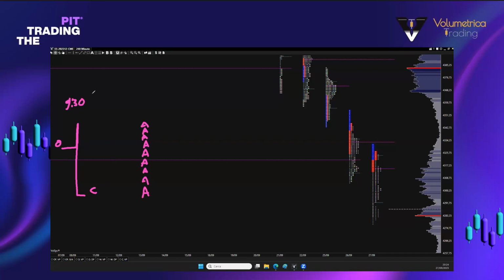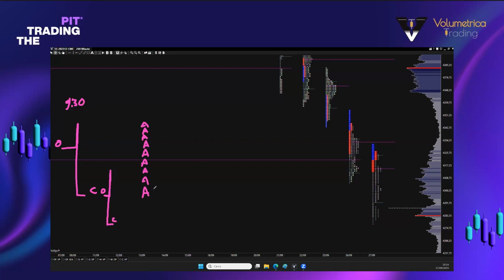Then it is 10 o'clock CME time. The first 30 minutes candle closes and a new one opens. We will have maybe a quick retracement to the upside and then another probe to the downside. So opening here, closing here.